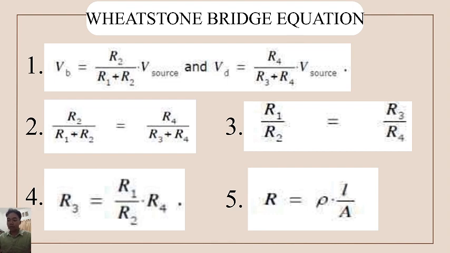And equation number 3 is the Wheatstone bridge balance ratio, or the balanced bridge condition. The voltage at node B equals the voltage at node D. No current flows through the galvanometer. The bridge is in balance. The unknown resistor can be calculated accurately. R1, first resistor in the left branch.